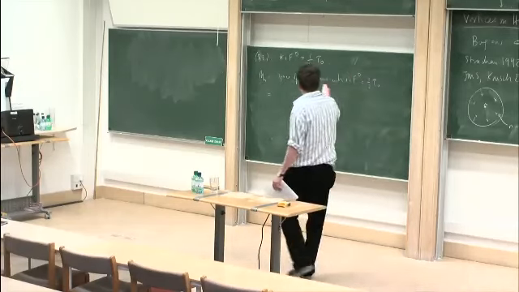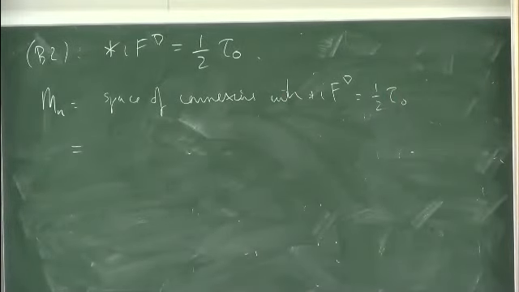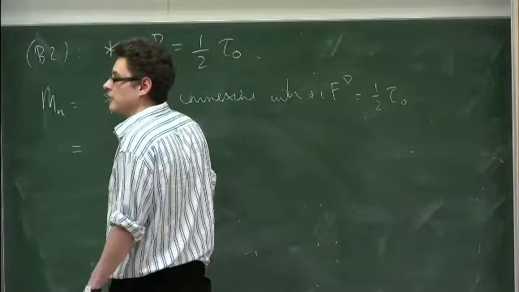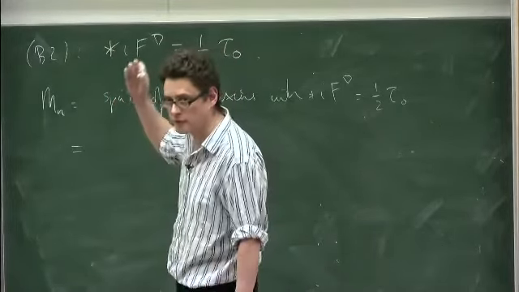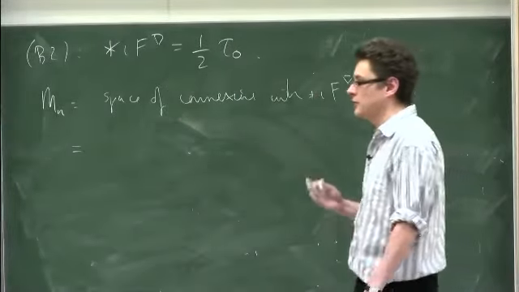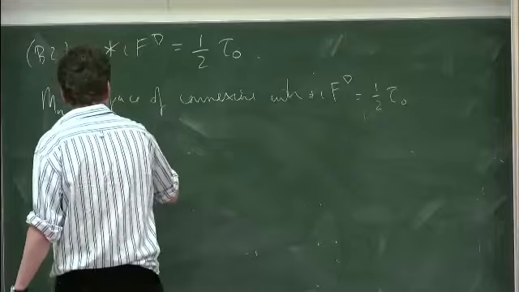If you have one connection satisfying that condition, this is not unique, of course, then you can always add anything closed to it. But exact forms generate gauge transformations, so you should throw those away, and you should really take things which are closed but L2 orthogonal to the exact things. In other words, you should take harmonic one-forms. So this is a space of harmonic one-forms.